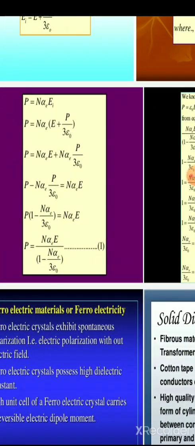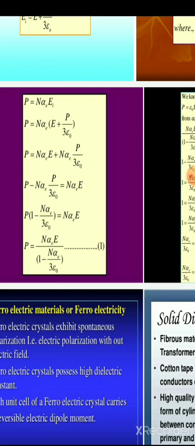Next, derivation part. P equals N alpha E into E plus P by 3 epsilon naught. N alpha E is distributed to both terms, so P equals N alpha E capital E plus N alpha E into P by 3 epsilon naught.